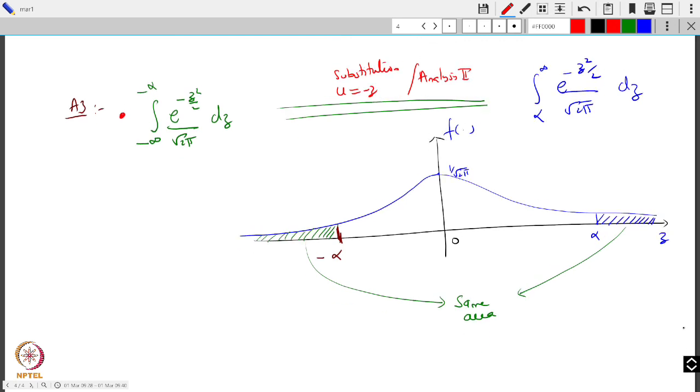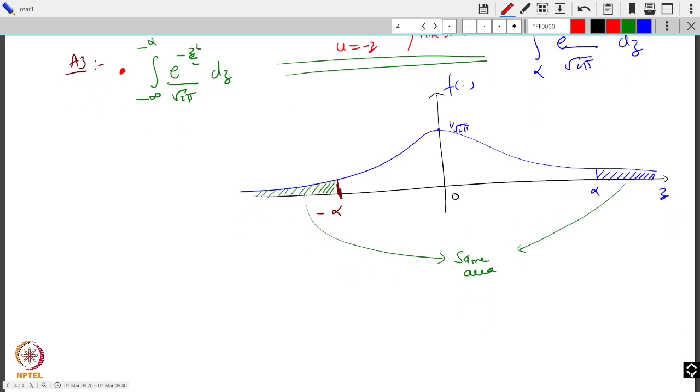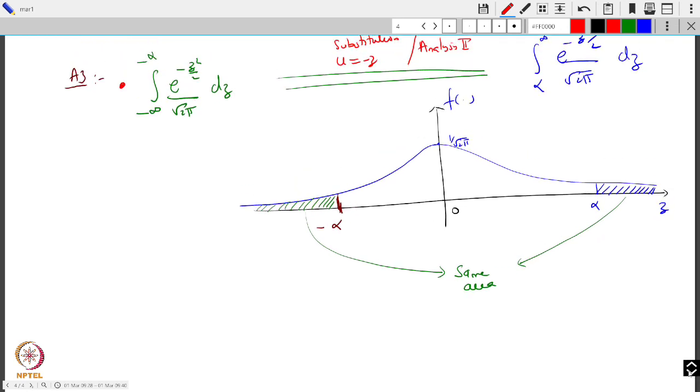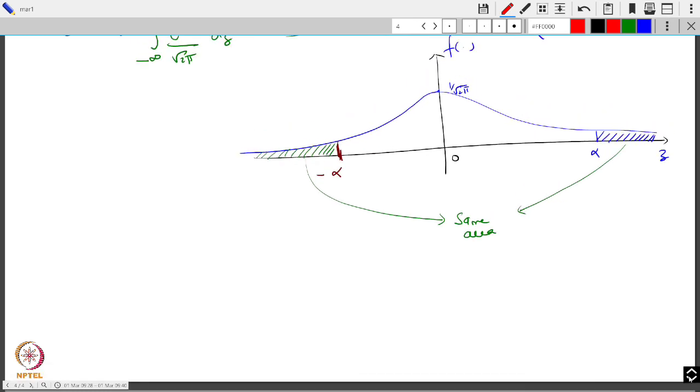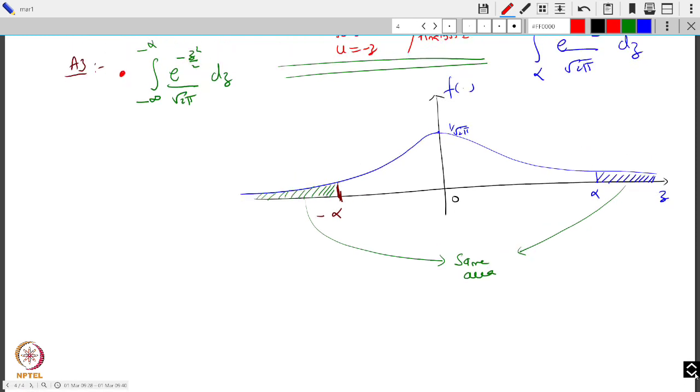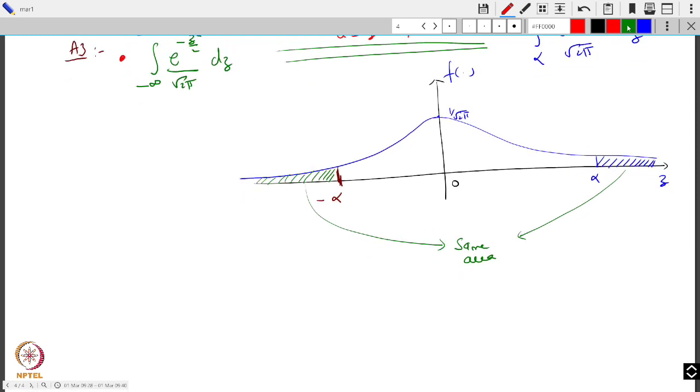Then the other observation you can make, once you have this, is that you know it's a density function. So what is the green? The green is the probability of Z less than or equal to minus alpha.